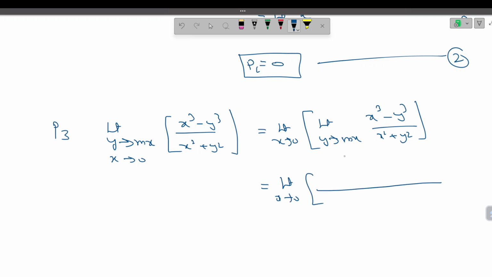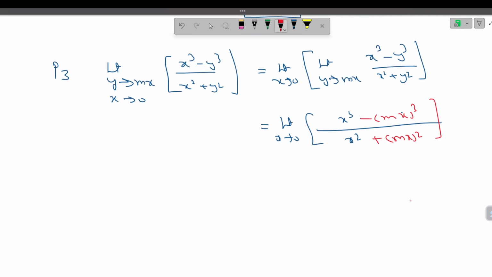Wherever y is there, we write mx. So the numerator is x cube minus (mx) cube and the denominator is x square plus (mx) square.